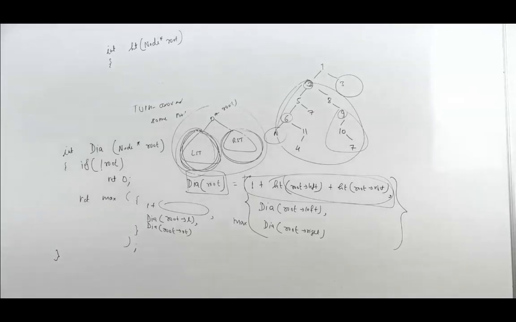Tell me one thing, how many of you feel that it is definitely not order n? You might not be sure whether it is n square or n log n, but do you feel it is definitely not order n? Okay, now tell me, why do you feel it is definitely not order n? If you are able to give me that answer, I'll be pleased.